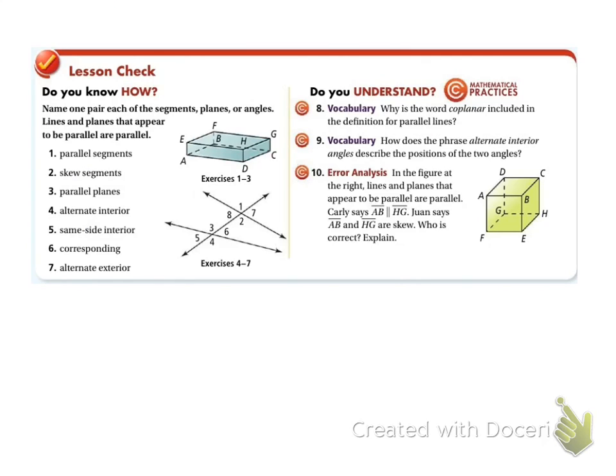Okay. Name 1 pair each of the segments, planes, or angles. Lines and planes that appear to be parallel are parallel. So parallel segments: EH and AD are parallel. Skew segments, let's use EH again.